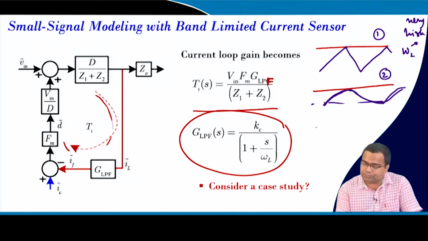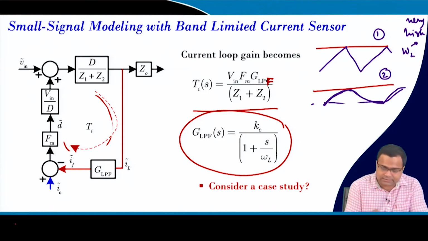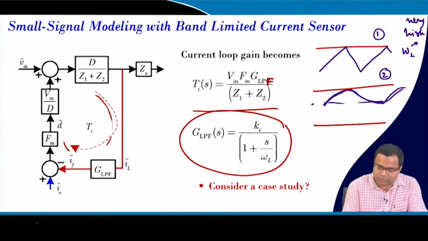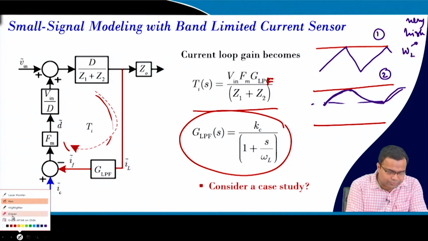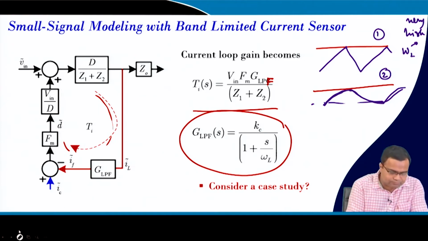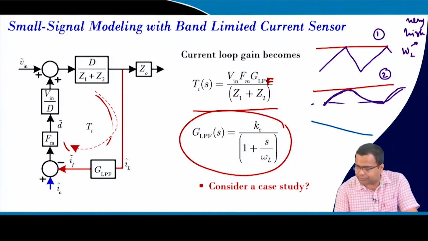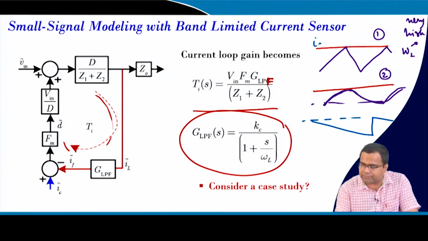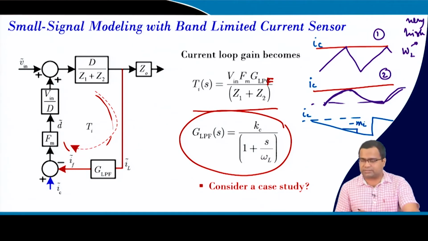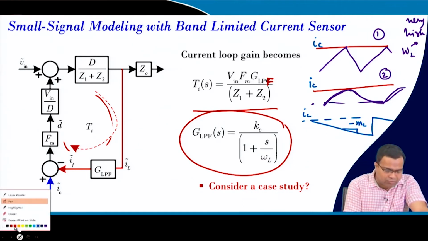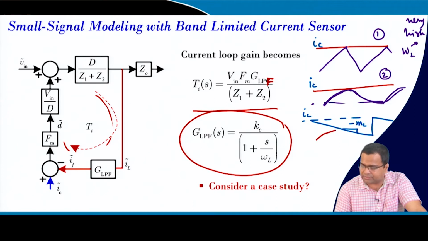Then what we have to do, the third case, in order to stabilize it, we need to add a ramp with that. That means if we erase this part, we need to consider this kind of ramp. This is our current reference, and with this is our minus mc, that is the compensating ramp, and along with that now your current ripple is coming.